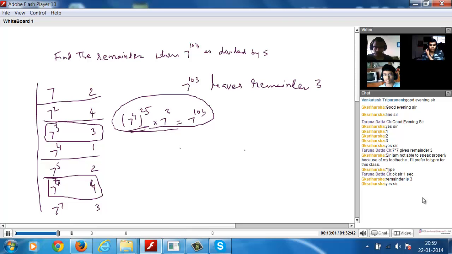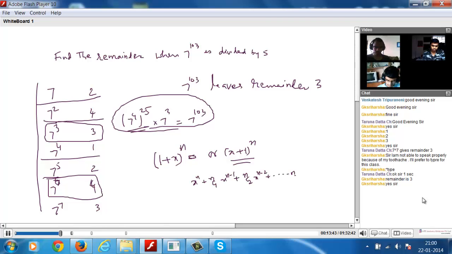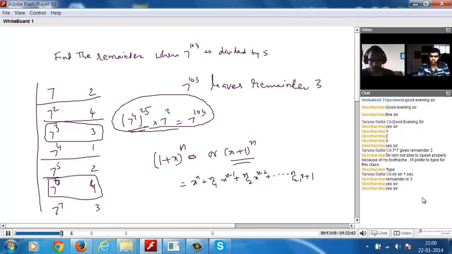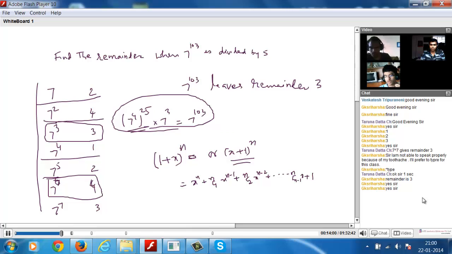Again we ask ourselves how we are going to use binomial theorem. We have not used binomial theorem here, so we need to use it. Let's use x plus 1 whole power n, or any one of them. x plus 1 whole power n is x power n plus nC1 x to the power n minus 1, nC2 x to the power n minus 2, etc., up to nC(n minus 1) into x plus 1.